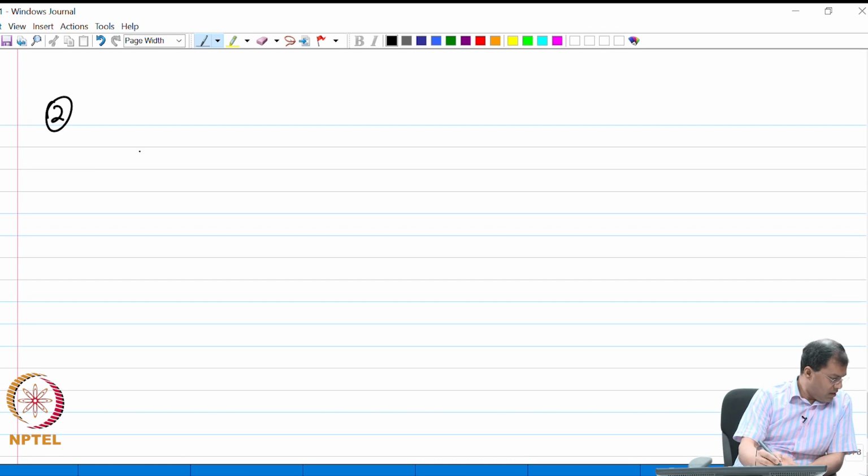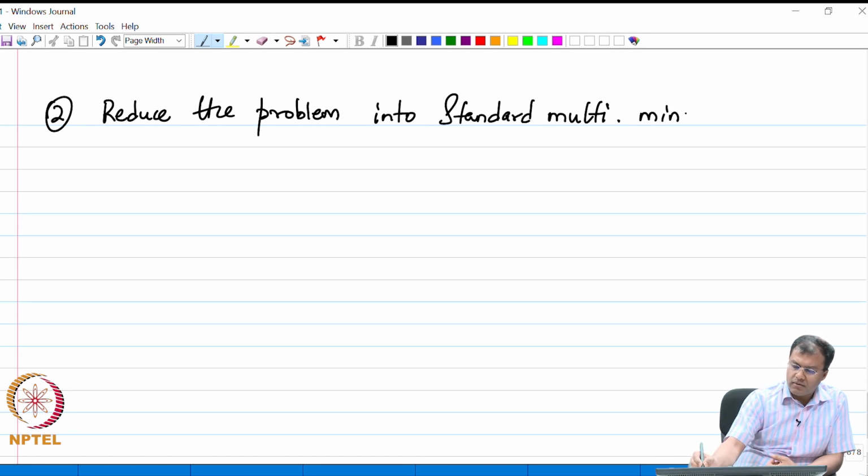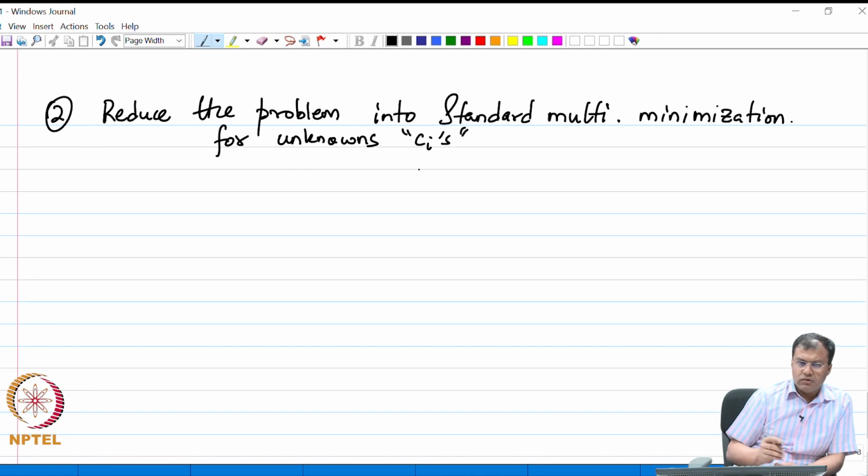Point number 2 is that we reduce the problem into a standard multivariate minimization problem for the unknowns Ci's.